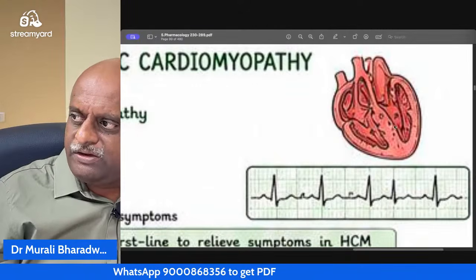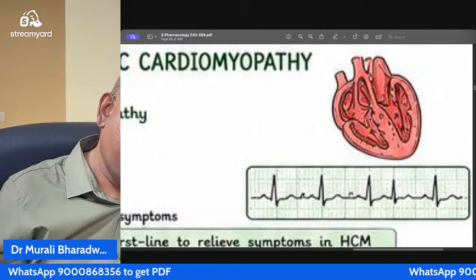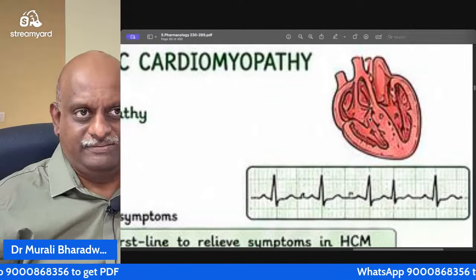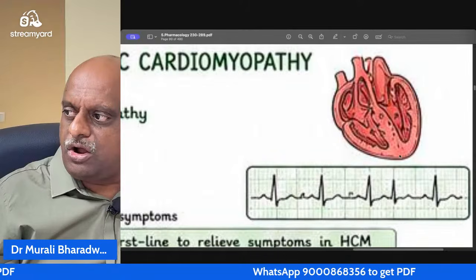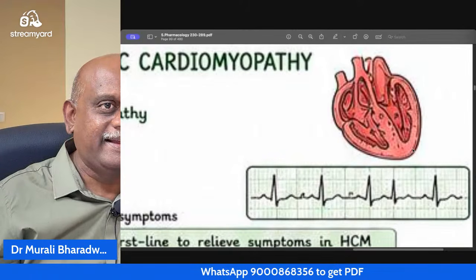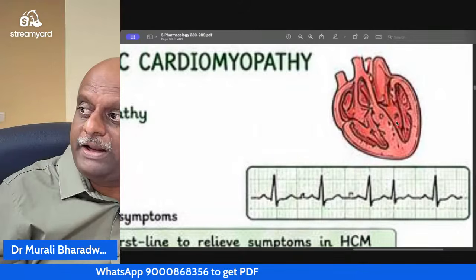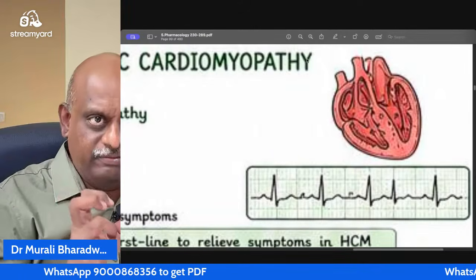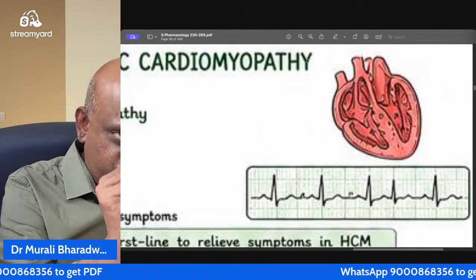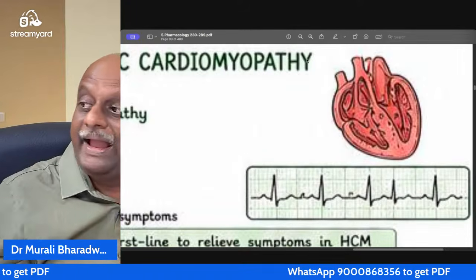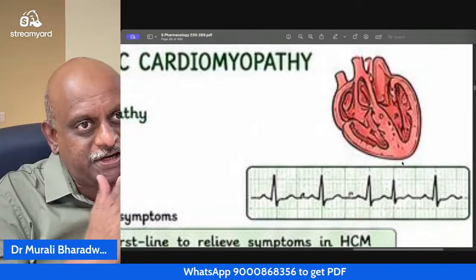Suppose the size of the chamber is small, the touching will be more and it will worsen. If you give digitalis, it has a strong inotropic ability. Because of that inotropic strength, it will empty the ventricle effectively, make the size smaller, the touching more, and the obstruction more.